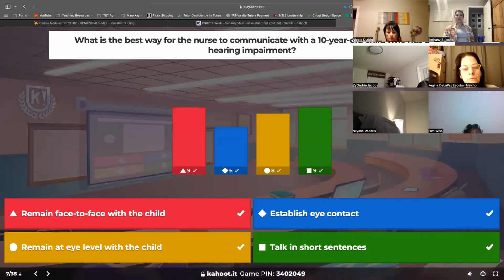When we're communicating with the hearing impaired child, we want to make sure that we're face to face at eye level with them, that we have that eye contact so that we know they're paying attention to us, and that we talk in short sentences, giving them opportunity to process and ask us to repeat if they need us to.